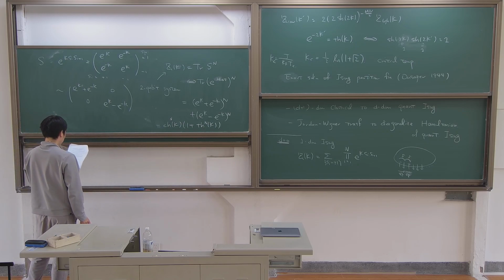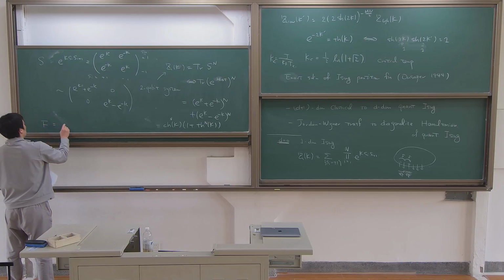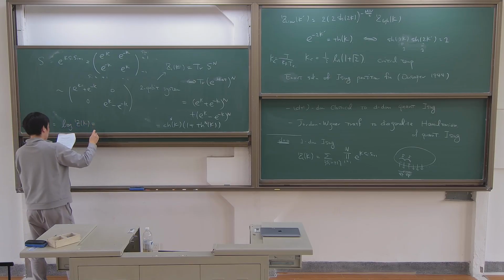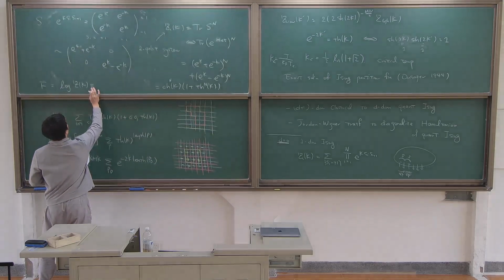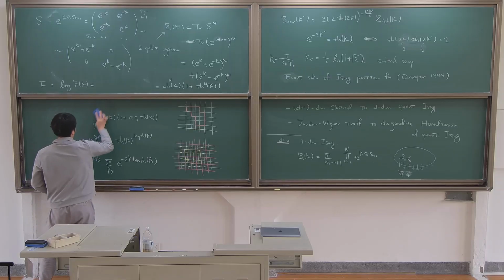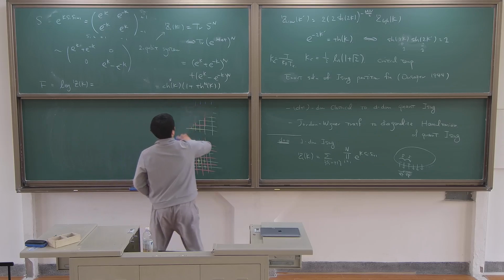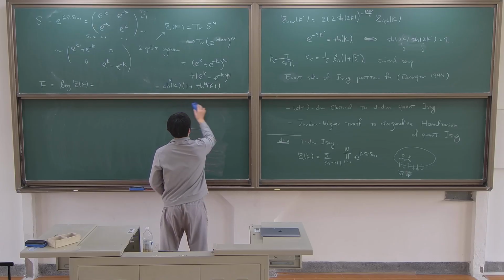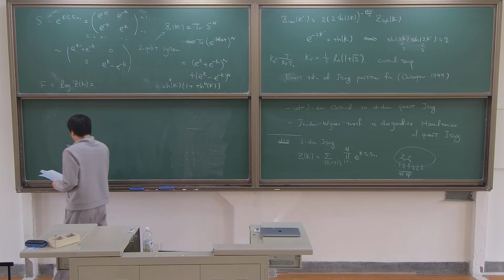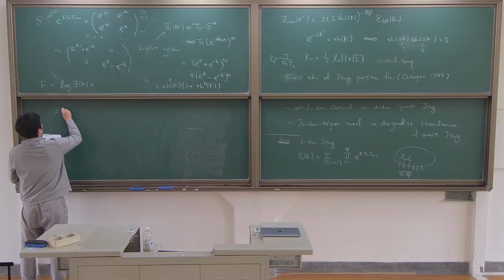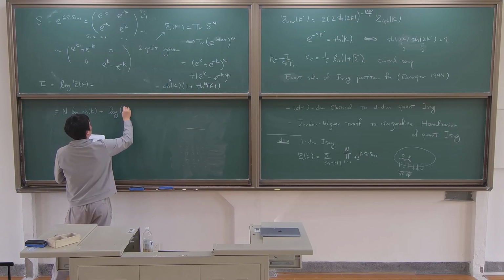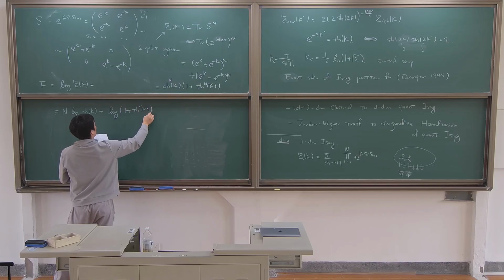Okay, and then the free energy is this one. So the free energy, as I obtained, is n log cosh, okay, times log of 1 plus tanh to the K. So that's it.